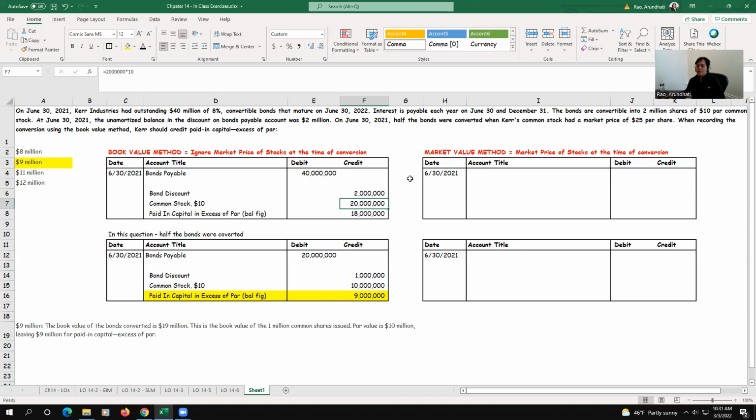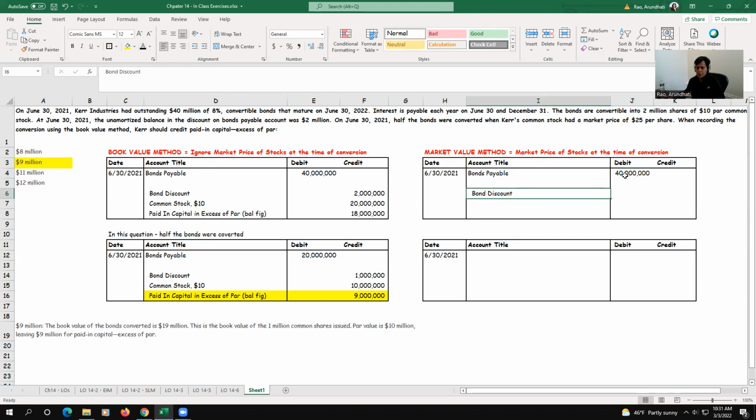Now, how would this be different if I were using the market value method? Well, I do need to take into consideration the market price of the stocks at the time of conversion. Let me see what's going to stay the same. I'm basically closing down the bonds payable, so that has to be bonds payable debit. That's not going to change.